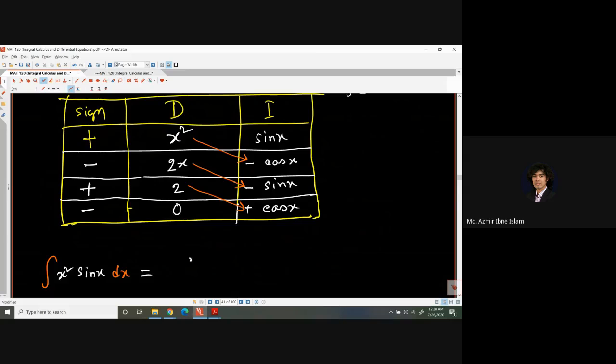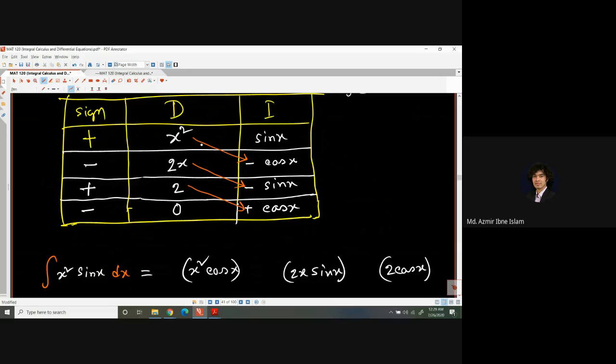At first, we write the product of x squared and cosine x. Don't think about the negative and positive signs, we will discuss them later after having all the terms. Here we have a negative, but we have skipped it. The second term will be the multiplication of 2x and sine x, and the last term will be the multiplication of 2 and cosine x.